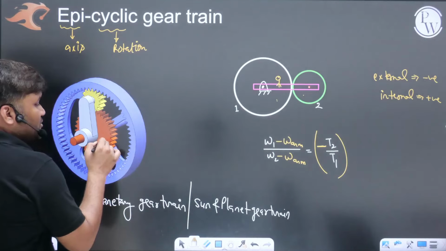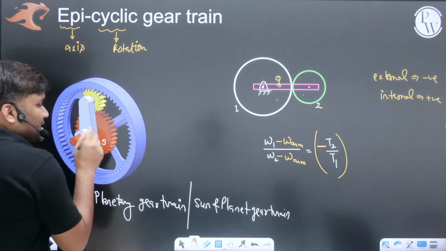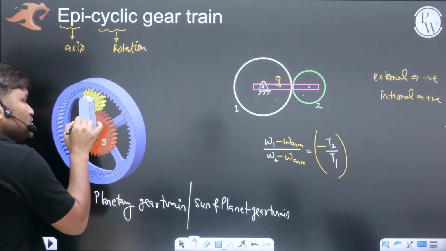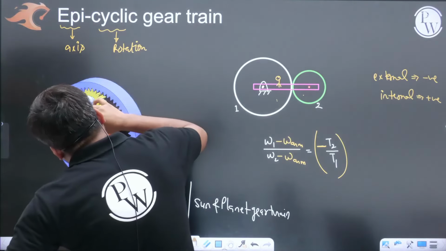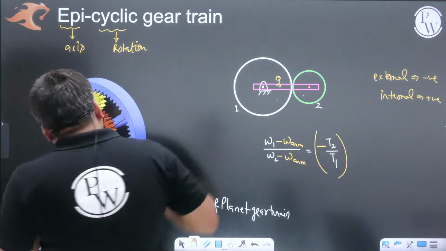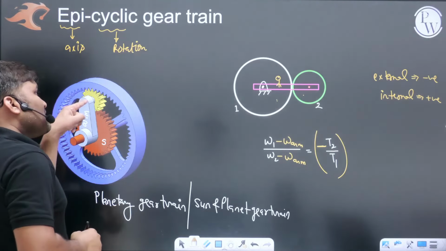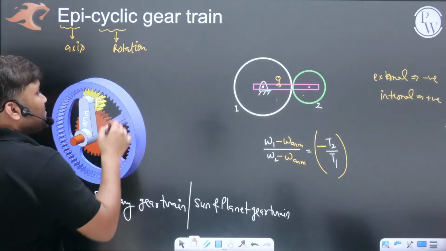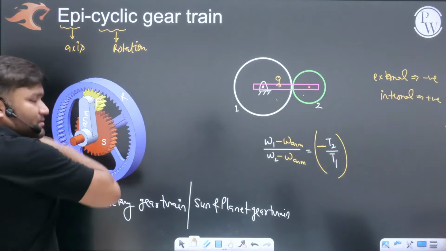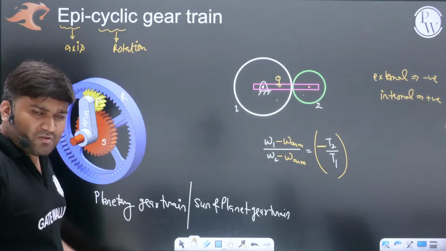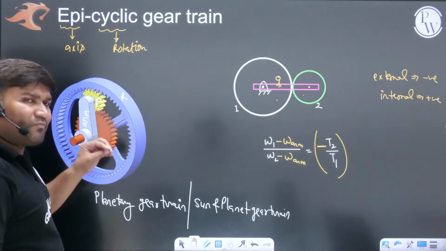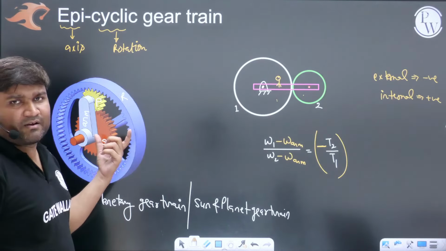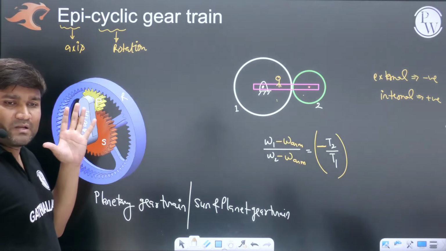This is your sun gear, rotating about a certain axis, and about the same axis your arm is going to have rotation. This is your arm, beta. The arm is carrying another gear which is known as the planet gear, and this planet is meshing with another gear which is known as the ring gear. Clear? So in examinations, most of the time questions will be asked from this planetary gear train, epicyclic gear train. Clear?